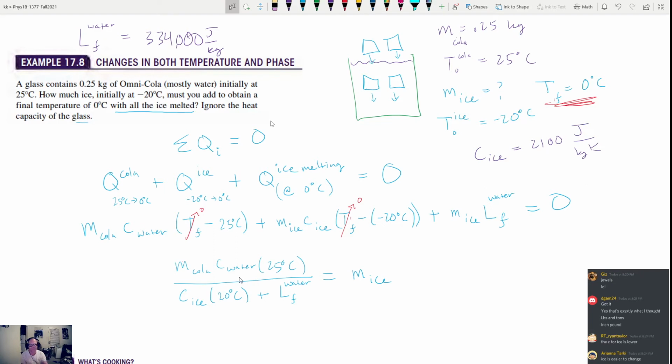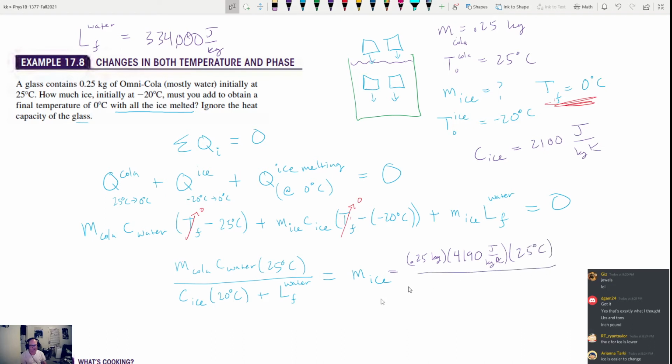We plug all these numbers in here. I think I have enough room to do this right here. We'll see. So M cola was 0.25, C water 4190. Everything's in Celsius. We'll write these degrees Celsius on the bottom. 25 degrees Celsius.